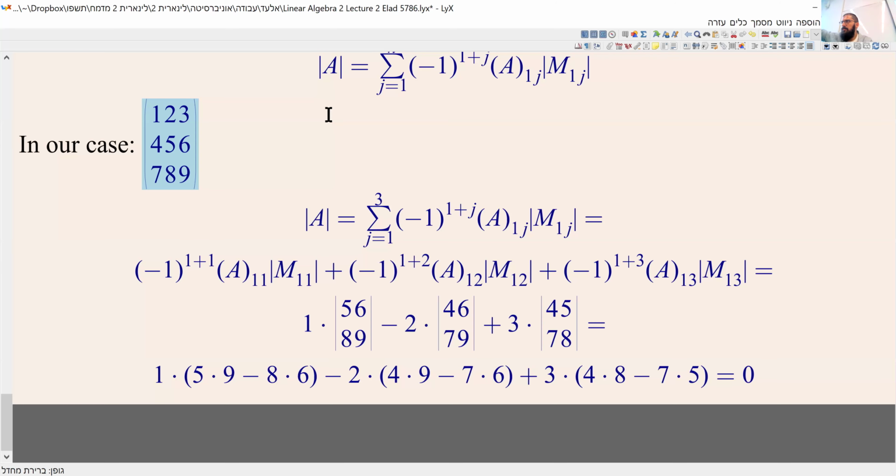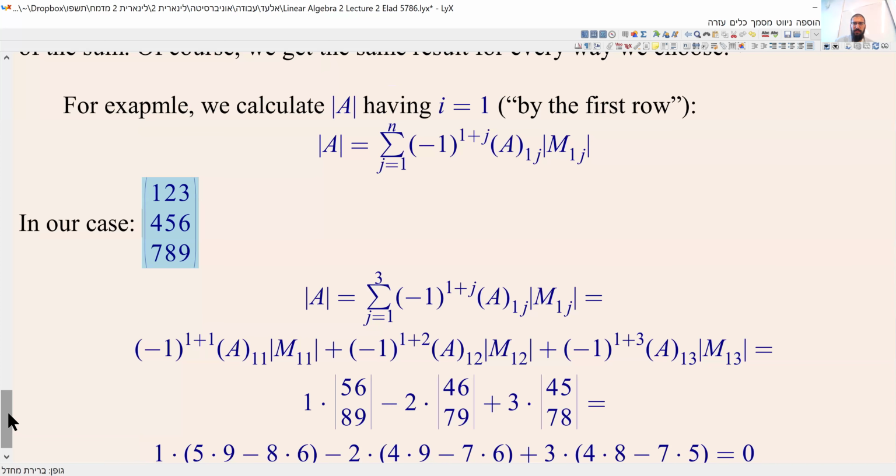Easily calculated, of course. We have a full syllabus of 13 weeks, and you can't spend 3 hours of the exam on calculating one determinant. I mean, you can, but it will be very boring and not examining what I'm trying to examine.